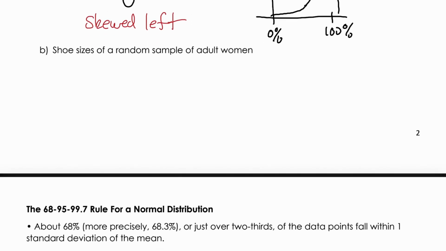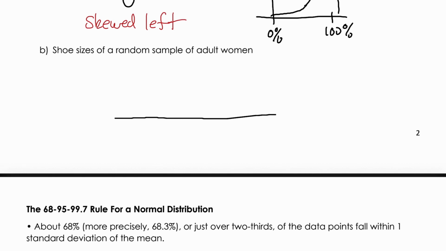For shoe sizes of a random sample of adult women, usually when it comes to characteristics of the human body, like height, weight, shoe size, arm length, leg length, head circumference, all those kinds of things, usually those are normally distributed, because most women are going to have an average shoe size.